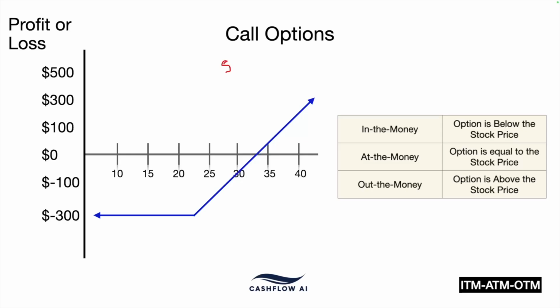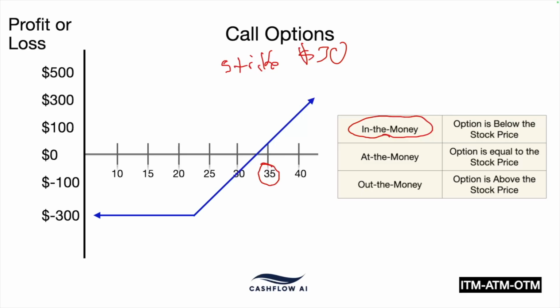And so if we look at in the money, same thing. We have the $30 strike, okay? I should just leave this up here versus rewriting it every time. But now the stock is at $35, okay? And so what's happening with that is because we have the right to buy it at 30 and the stock's at 35, we actually have the ability to make money on it.